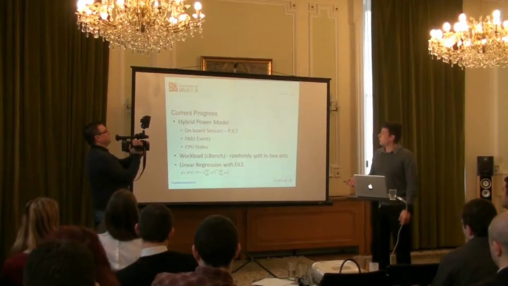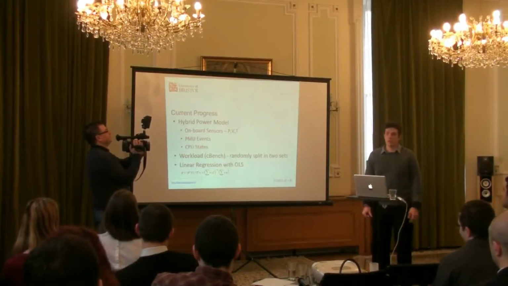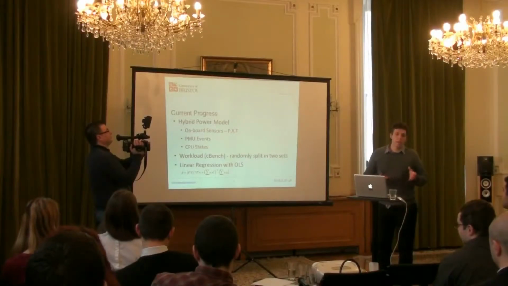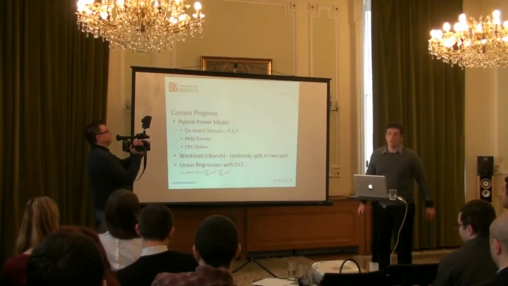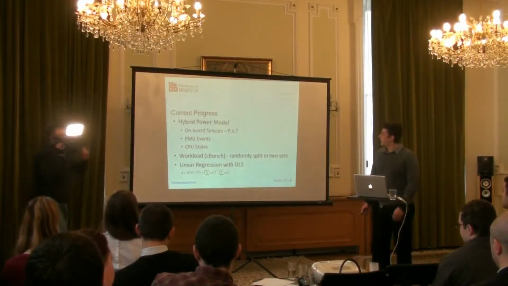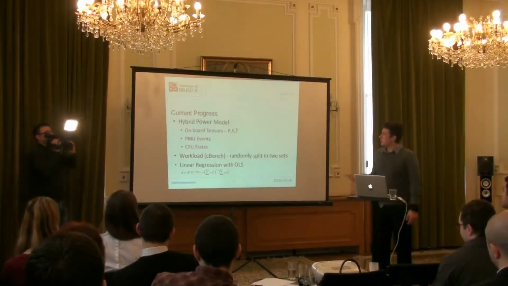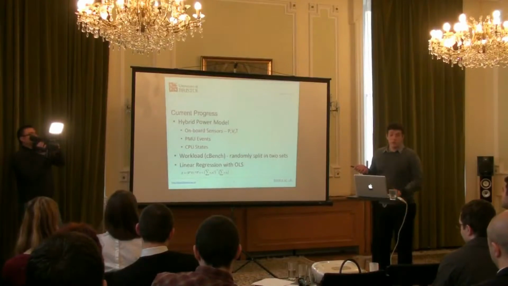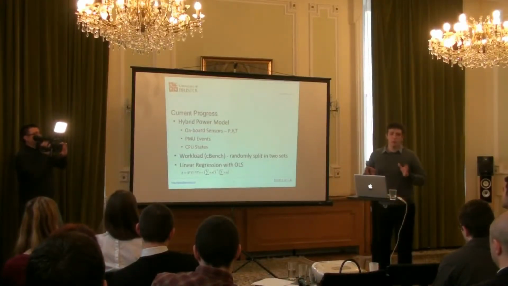The third component I'm using is CPU states, from which I can extract information about how much time the CPU has spent idle or servicing input-output requests or similar. What I'm restricted by is the number of these events that I can use. I need to keep my model relatively small so it can be used in real time. I can't just use a million of these because it would make it harder to compute.